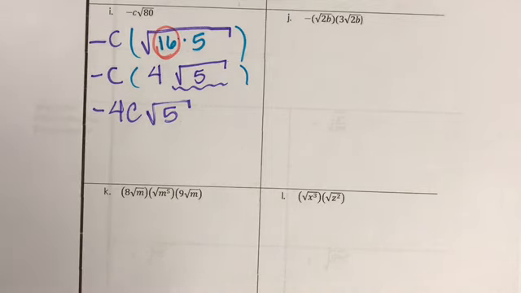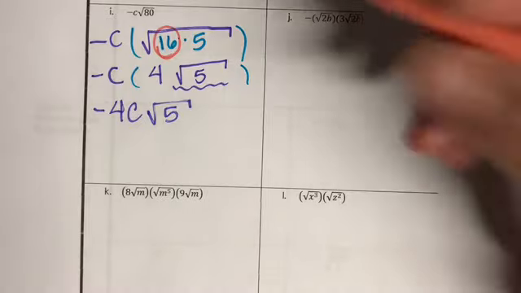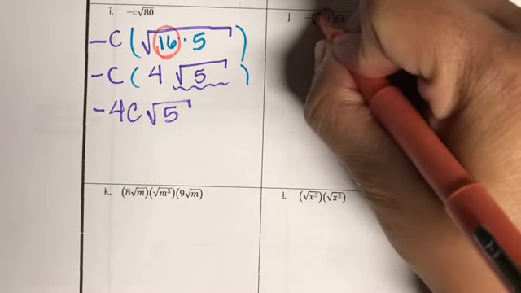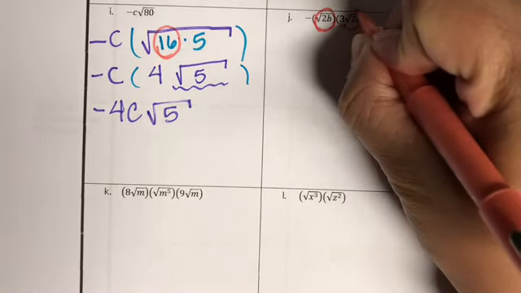Look at j. J is negative the square root of 2b multiplied by 3 times the square root of 2b. This is a very complex problem, but what I do notice is that the square root of 2b is the same thing as the square root of 2b.